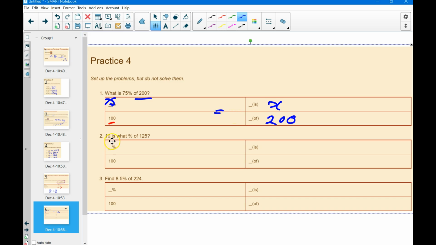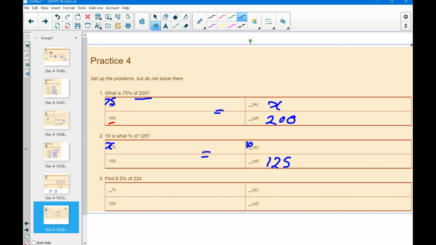Down here it says 10 is what percent, so what percent we don't even know yet, so that's going to be our x value right there. 100 is here, 10 is, 10 goes up here, of 125, and 125 goes down here. And then again, we cross multiply, and so on. So what I'm doing here is a quick little review of where to place these numbers in the formula.